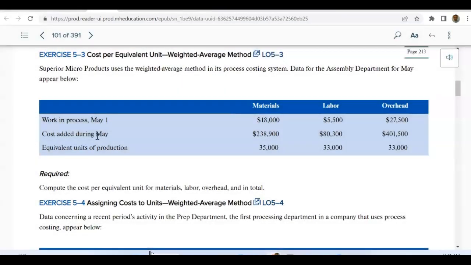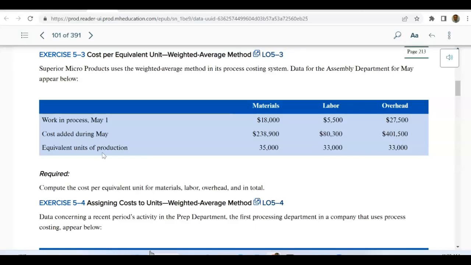Now, cost added during the month of May, we know that we added $238,900 worth of material into the production. We spent about $80,300 for labor, and we applied manufacturing overhead based on a predetermined rate of $401,500.